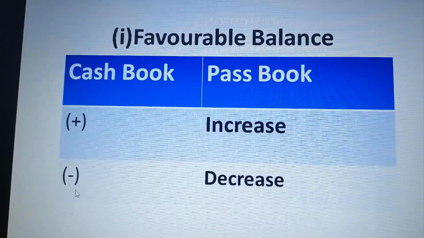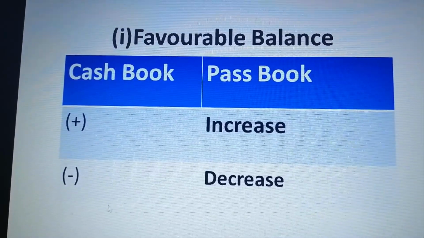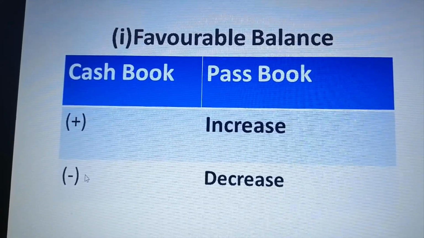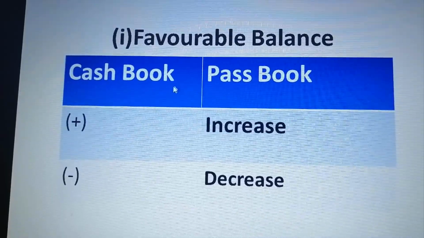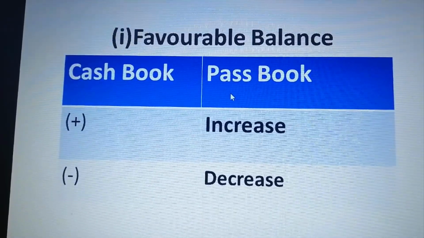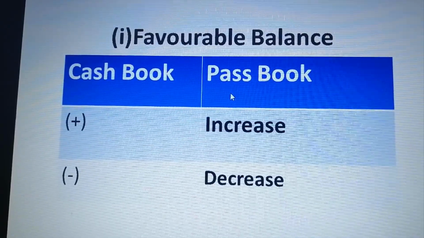Now, the question is, what transactions are to be added and what transactions are to be deducted? I will explain it with a simple logic. If we are going to find out the bank balance as per passbook, you have to focus only on passbook balance.